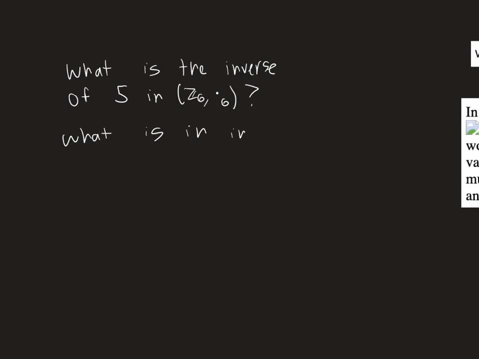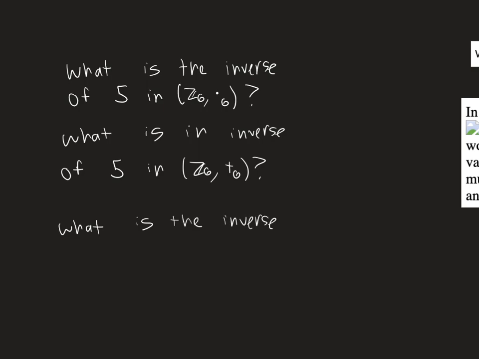What is the inverse of 5 in Z6 with addition mod 6? And what is the inverse of 5 in, let's do like Z8 with multiplication mod 8? That's going to be hard.